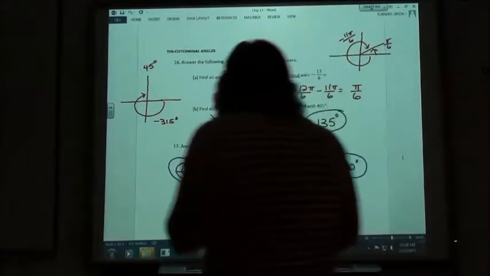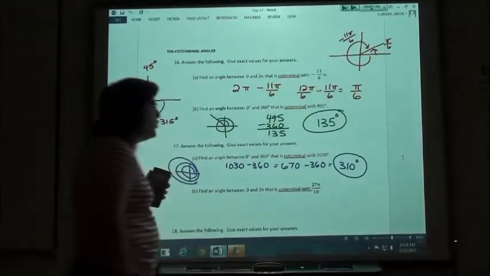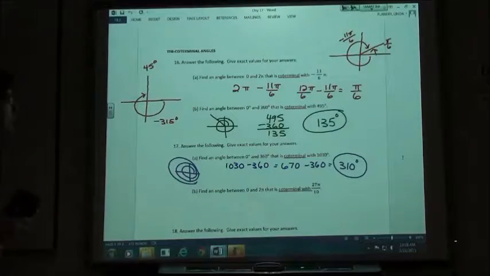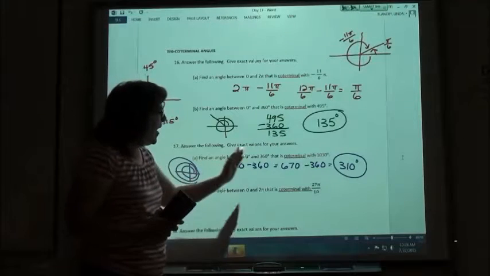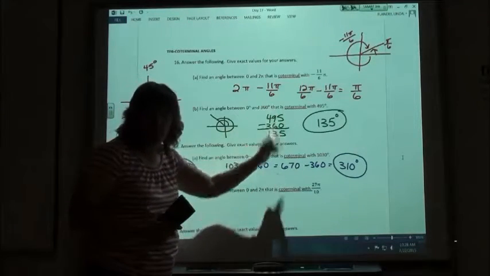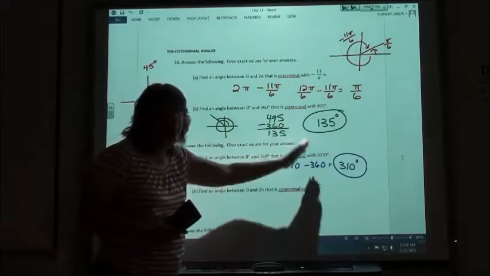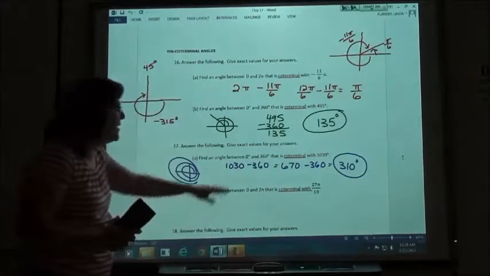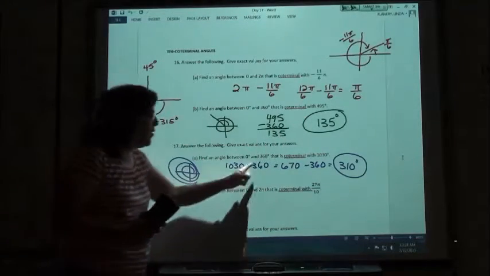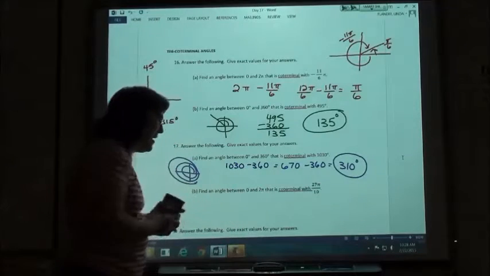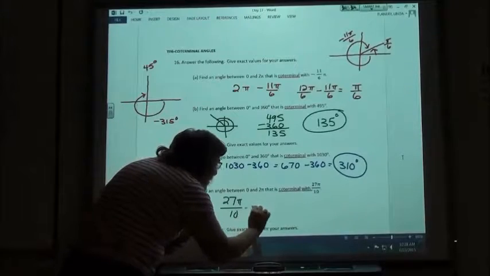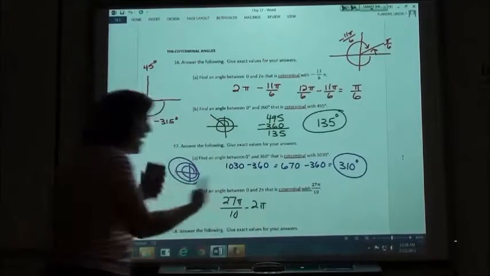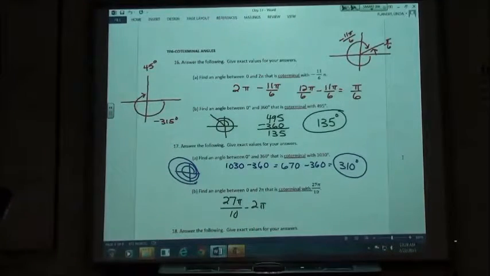So if I want to find the angle between 0 and 2 pi that's coterminal with 27 pi over 10, it's kind of like this one here where I had 1030. I have to subtract 360 once around, subtract 360 until I get between what I want to be. Since I'm in radian measures, 360 is 2 pi. So I'm going to take 27 pi over 10 and subtract 2 pi until I end up with something that's between 0 and 2 pi.